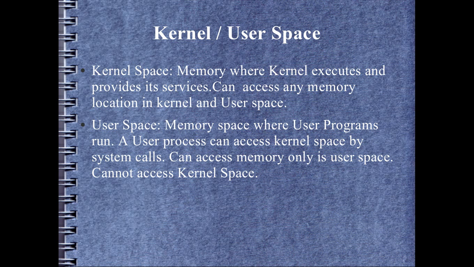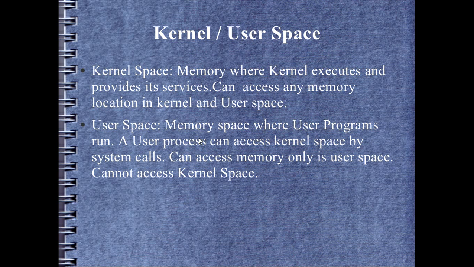Kernel space means the location in memory where the kernel is present and executed, and it takes care of the functions or system calls. User space is the memory space where user programs run. Kernel space is where the kernel executes and provides its services.